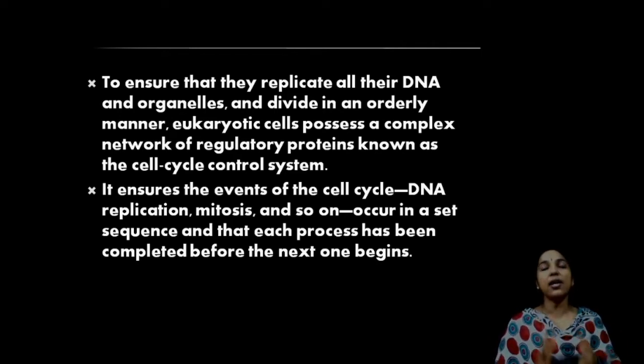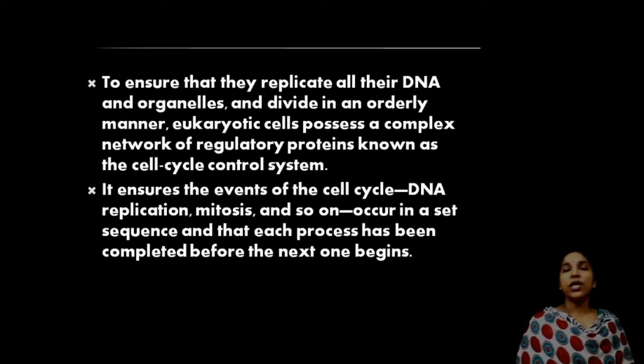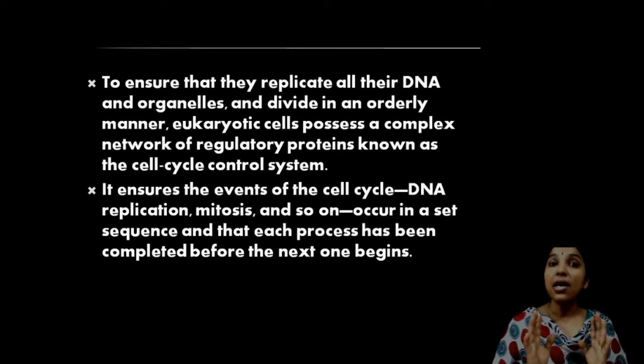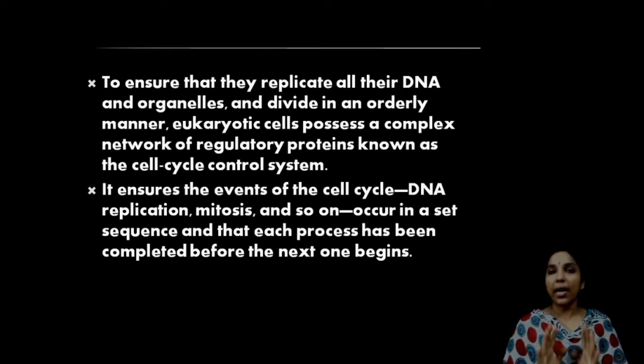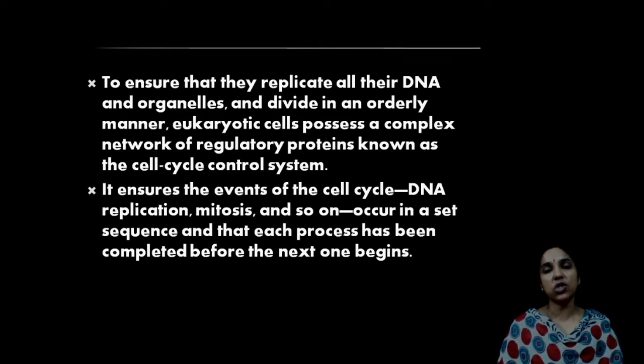If all these are in perfect condition, only then does a cell start to divide. This is under the control of a particular group of proteins, known as the cell cycle control system. It ensures the events of the cell cycle, that is DNA replication, mitosis, etc., happen in a set sequence, and each process is completed before the next one begins.